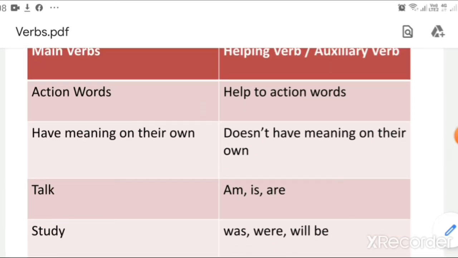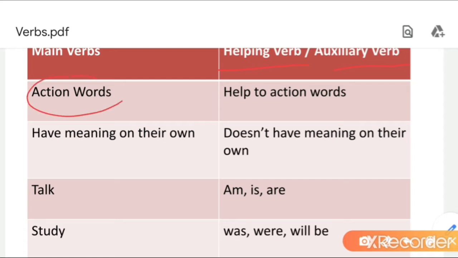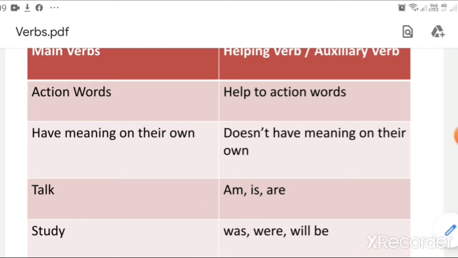On the other hand, helping verbs, as the name suggests, auxiliary verb or helping verb, they help the action words, the main verbs, so they don't have meaning on their own. For example, am, is, are, was, were, will be, can, could, may, might, all these are helping verbs.